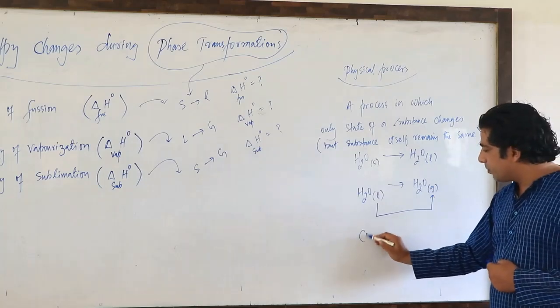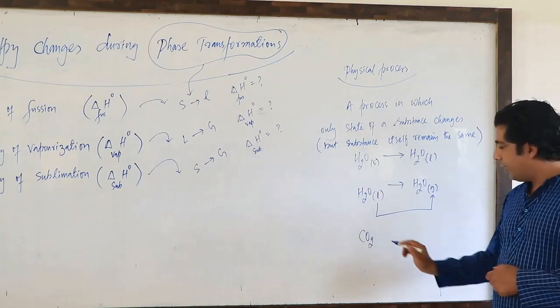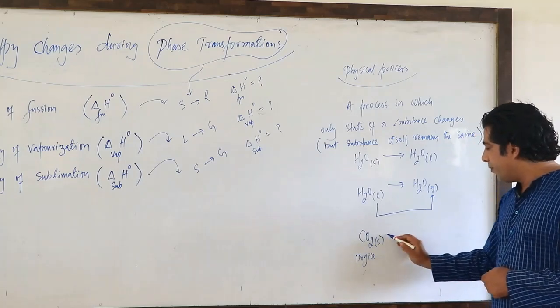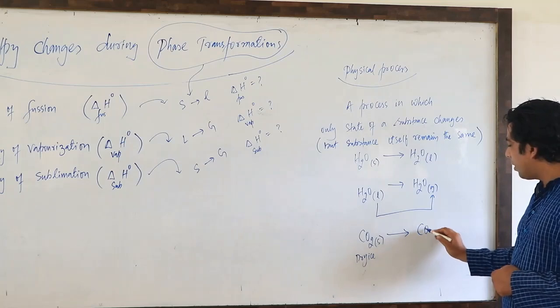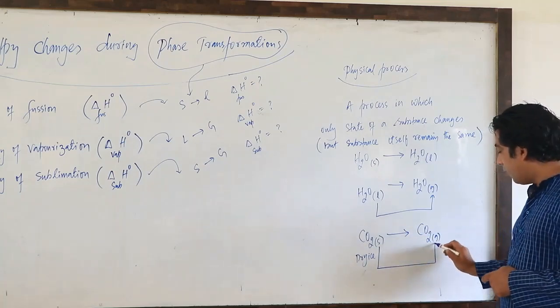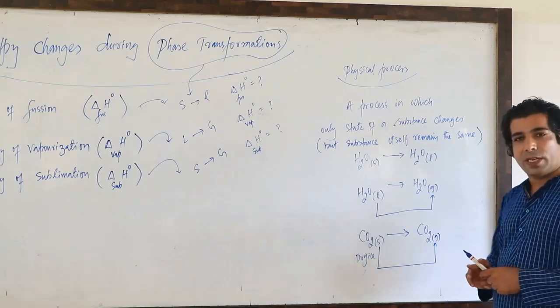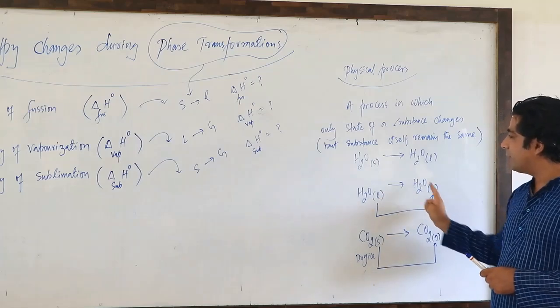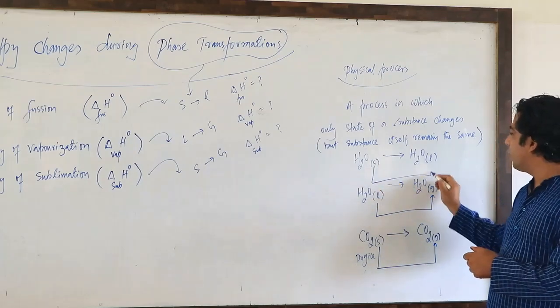If we have carbon dioxide, let us suppose in solid state, we call it dry ice, and you convert it into carbon dioxide in gaseous state, what is changing here? Only the state is changing. You are going from solid state to gaseous state, liquid to gaseous state, and solid to liquid state.